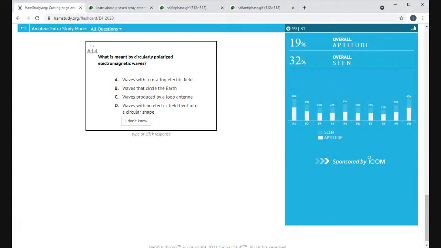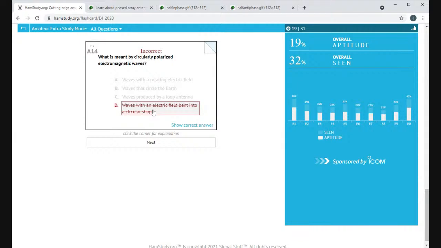D. Waves with an electric field bent into a circular shape. I'm going to guess B, or sorry, D, and I'm wrong. It is A, waves with a rotating electric field.